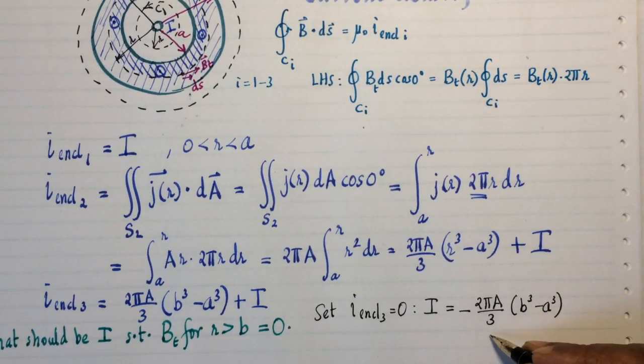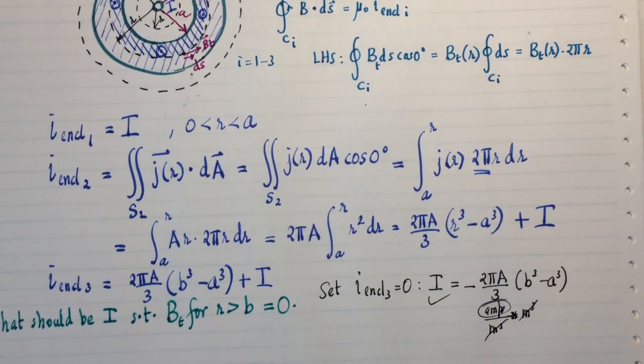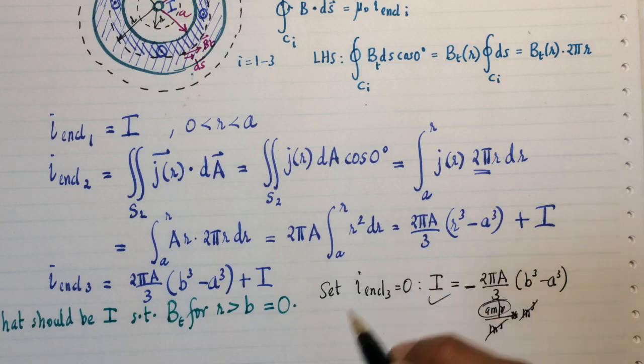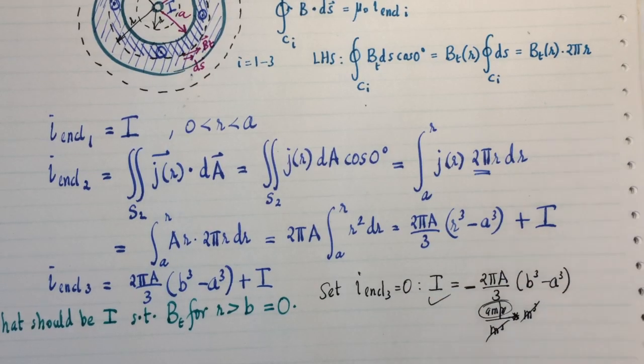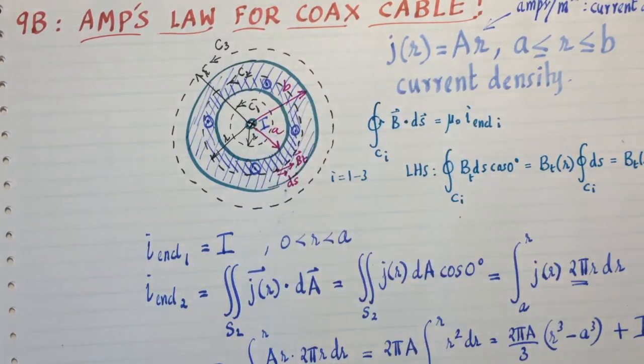So the units are going to be amps per meter cubed times (b cubed minus a cubed), which is in meters cubed. So the meters cubed will cancel out and you'll get the answer in amps, which is the units of current indeed. So that's the coaxial portion of the current. Observe it's negative, which means that it's going to flow in the opposite direction. So in the coaxial cable, you're going to have the current flowing in this direction.